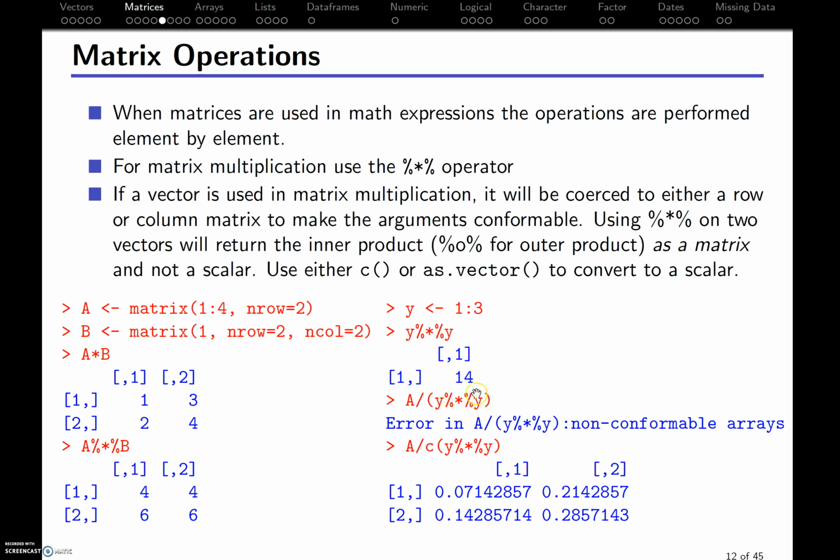This is technically a 1-by-1 matrix here. But if we run that inner product through the concatenate function or as.vector, i.e. make it a vector, then we can do that division.